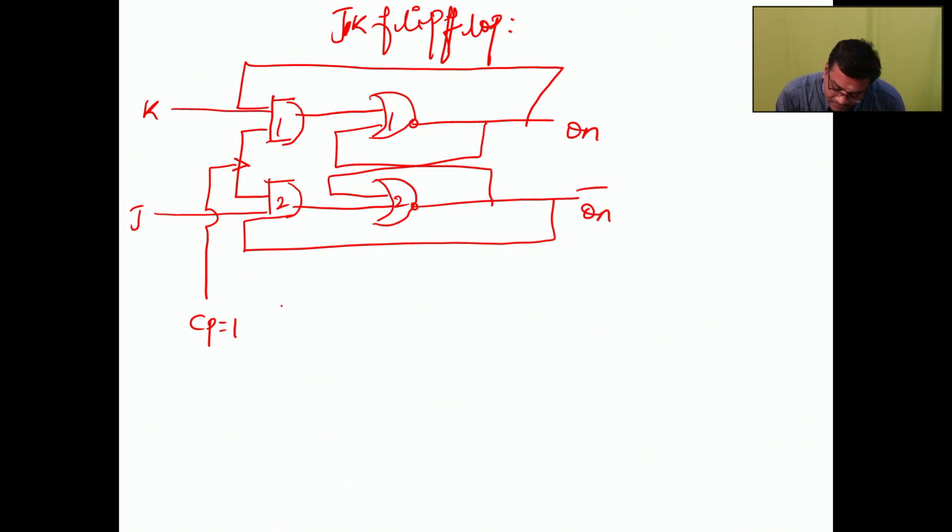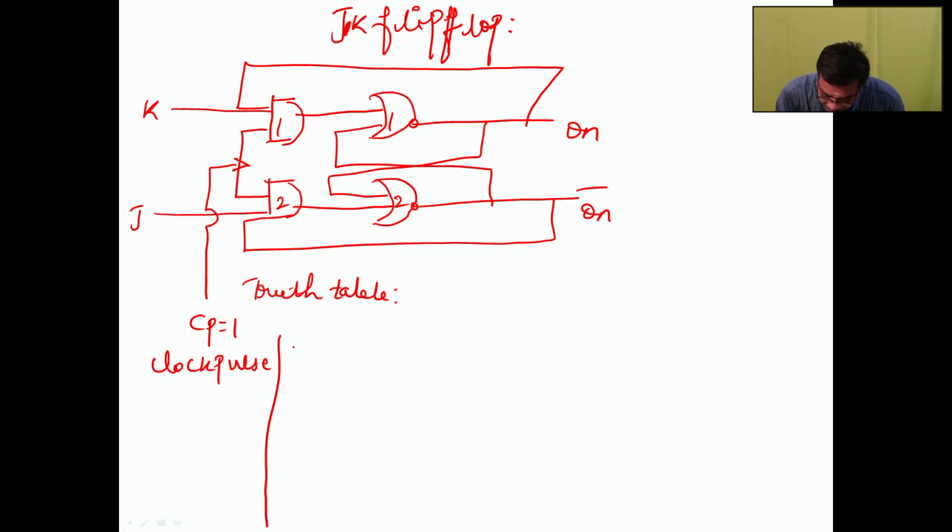So the truth table: clock pulse, inputs and outputs, state.